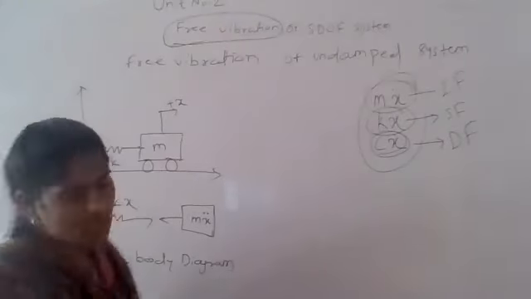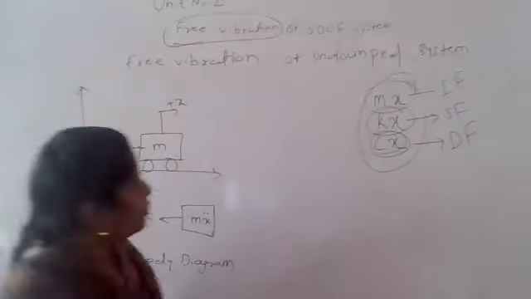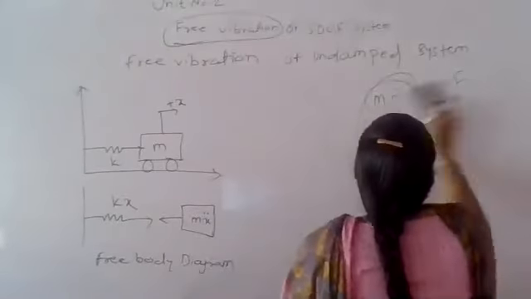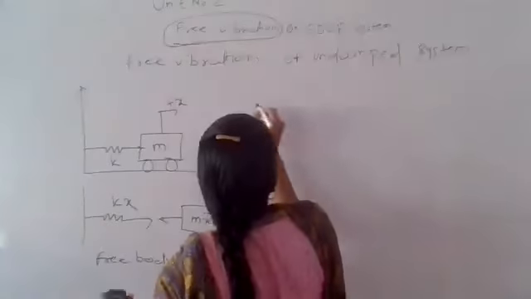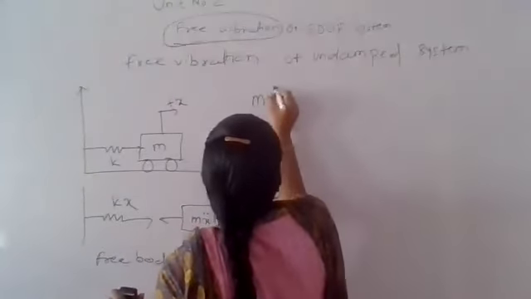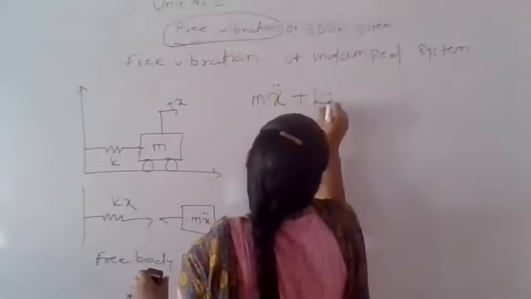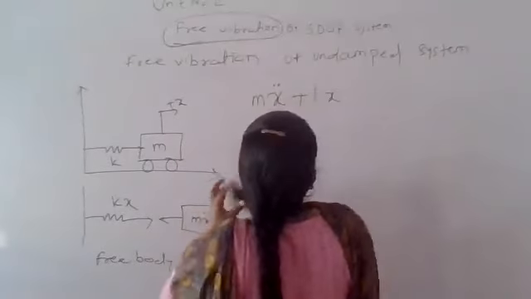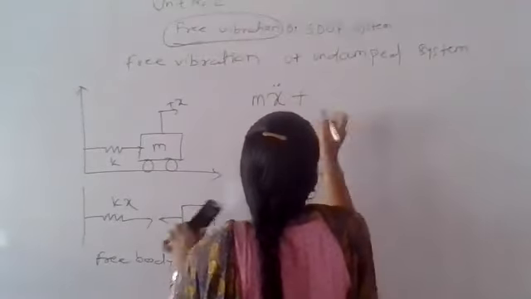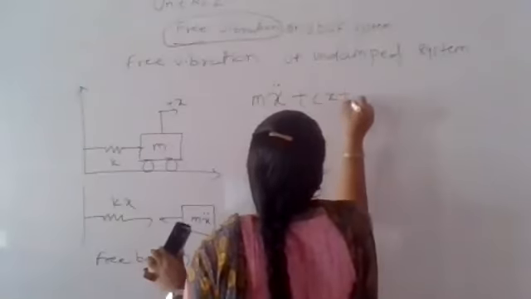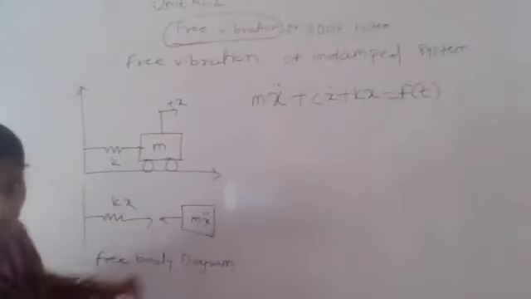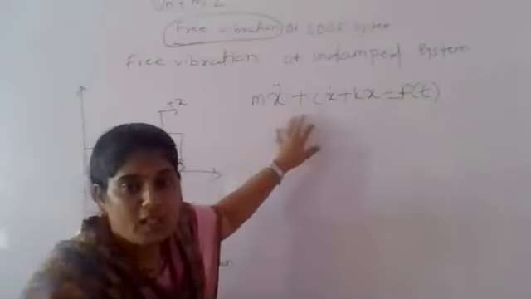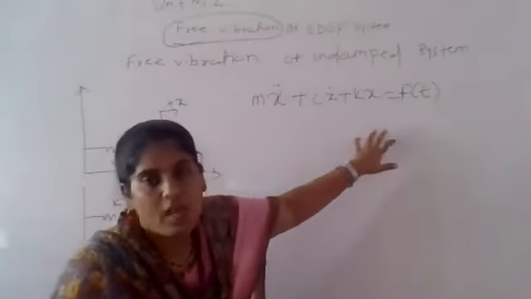So our basic equation, which is the equation? What is our basic equation? Our basic equation is mx double dot plus cx dot plus kx equal to f of t, where this is a general dynamic equation for the analysis.